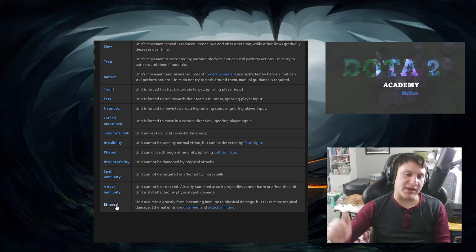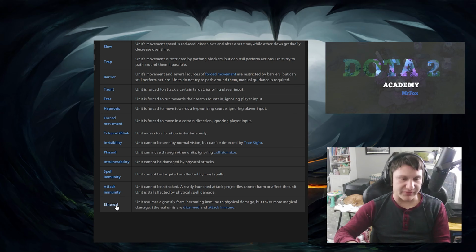So you can't attack, and you can't be attacked by physical attacks. But you can see that magical damage can do quite a bit. Here's some examples. And here's some sources.